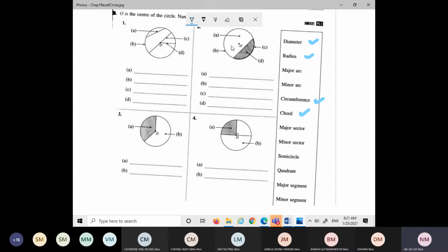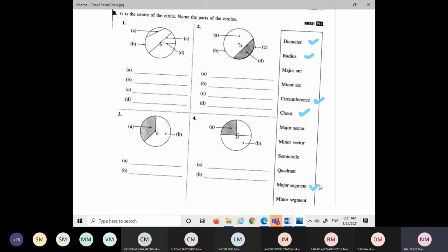Major sector. Major what? Sector. Sector is a piece of pizza. Wait. Not major sector. Segment. Yes, this is major segment.